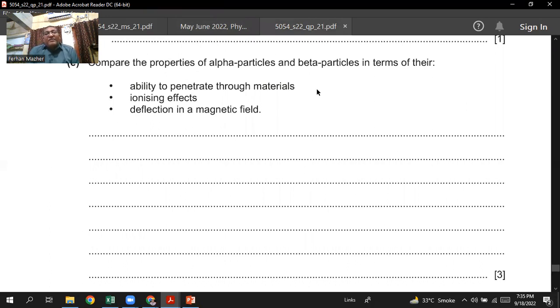Alpha particles can only travel up to 5 centimeters in the air, while beta particles can travel up to many meters in the air. Alpha particles can be stopped with paper, but beta particles cannot be stopped with paper. They can only be stopped with 5 millimeter thick aluminum foil.